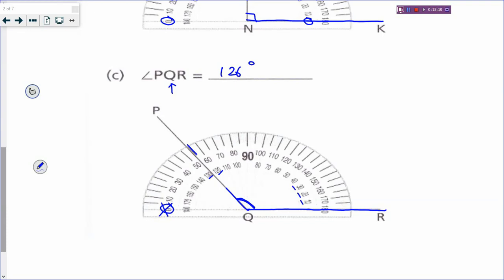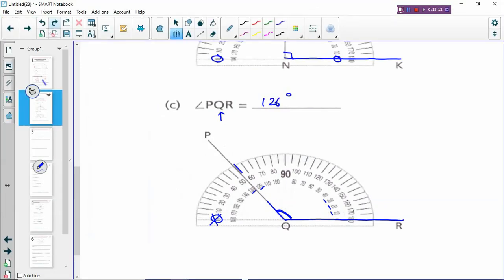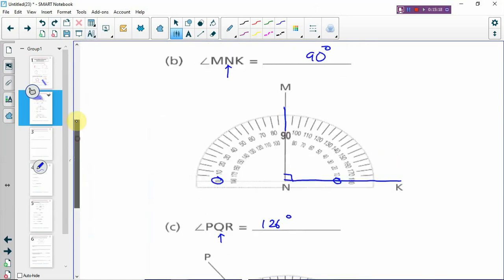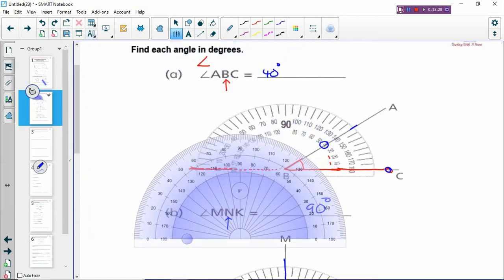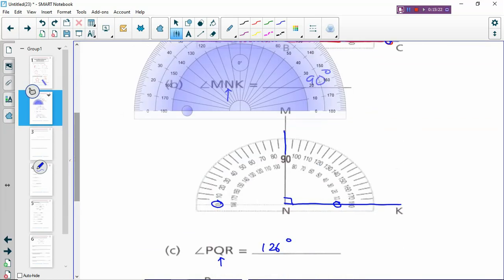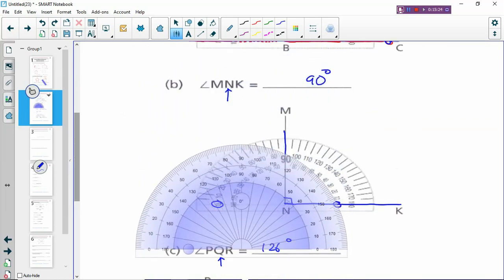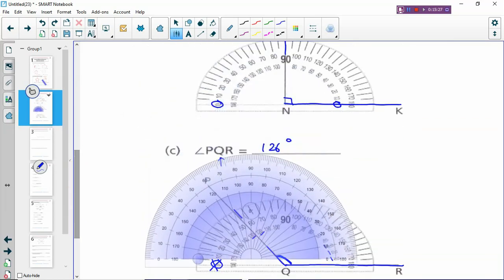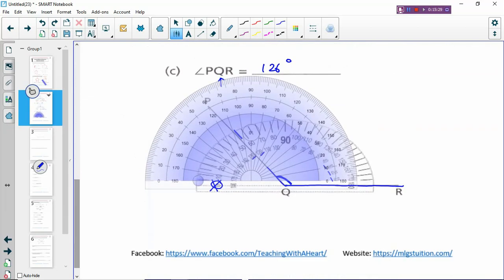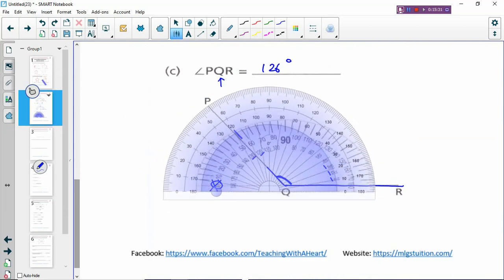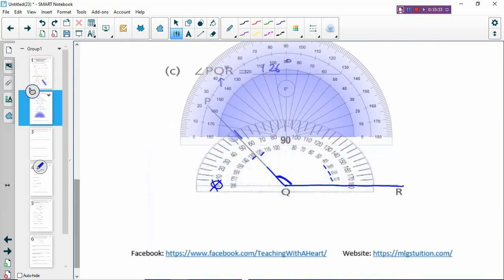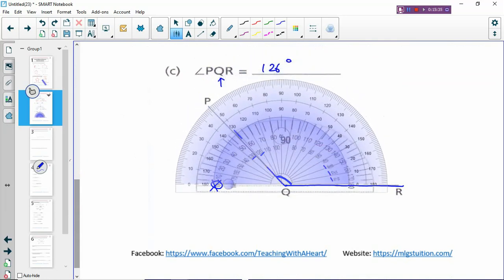Okay, all right, or let me just use my protractor. Let me just bring out my protractor, and then perhaps you can see more clearly. So this is my protractor, which looks better than the diagram. Now let me try to put it maybe somewhere like that.